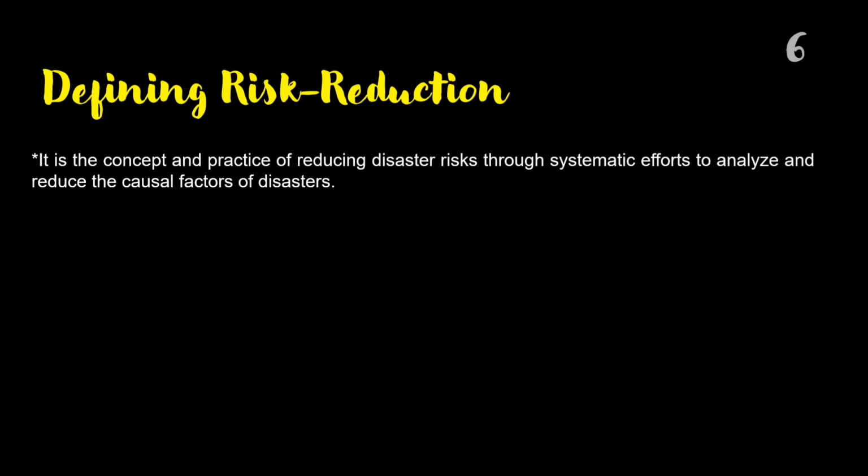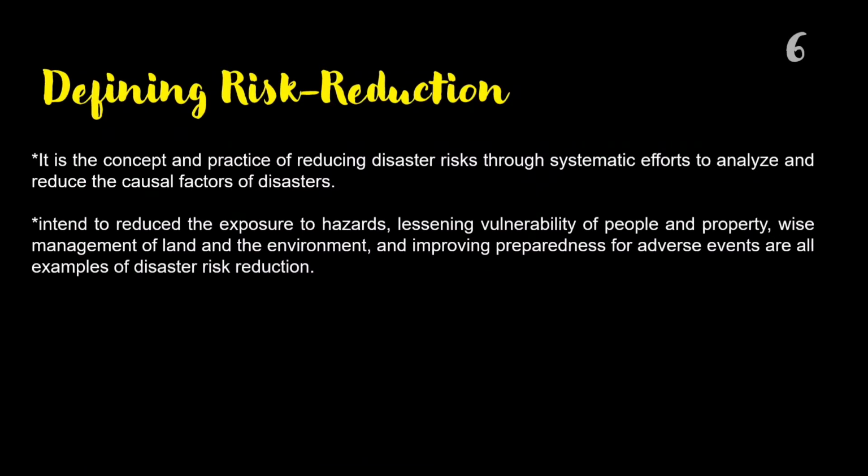Disaster risk reduction is the concept and practice of reducing disaster risks through systematic efforts to analyze and reduce the causal factors of disasters. Reducing the exposure to hazards, lessening vulnerability of people and property, wise management of land and the environment, and improving preparedness for adverse events are all examples of disaster risk reduction.